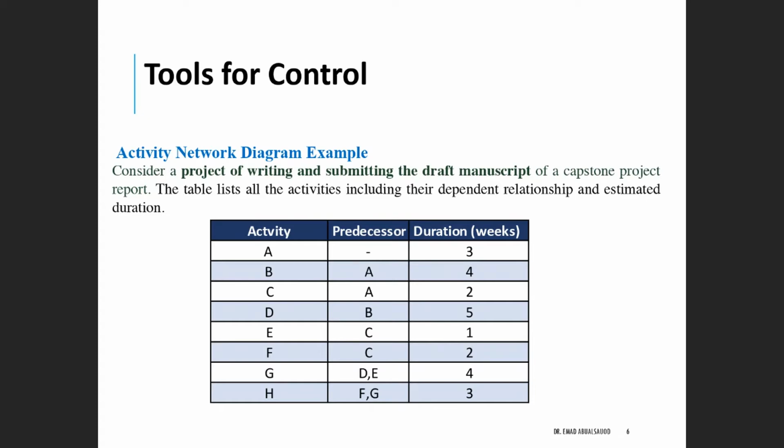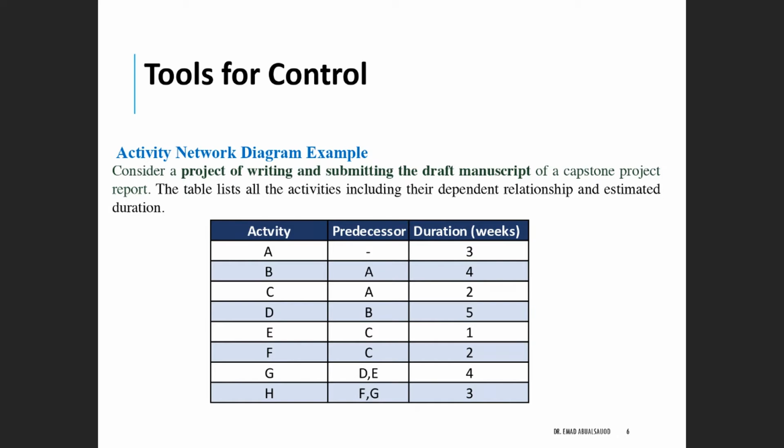You have to conduct a presentation. The report has to be submitted prior to the presentation, for the capstone committee to review it and give you feedback. Also, the report has to be submitted prior to the presentation for checking the plagiarism in the report. And all that is a sequence of activities.